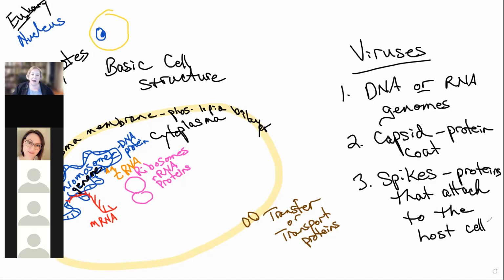Okay. Now you can see that a virus is very pared down from a cell. And I didn't leave myself very much room, but let's go ahead and start drawing one. So over here, I'm going to do a non-enveloped virus. Okay.